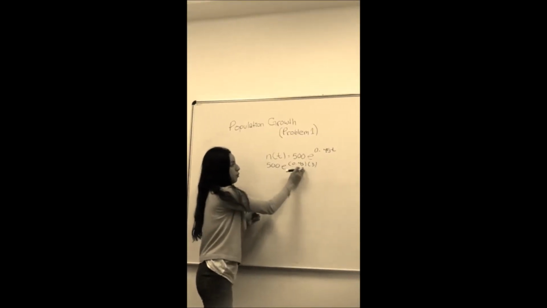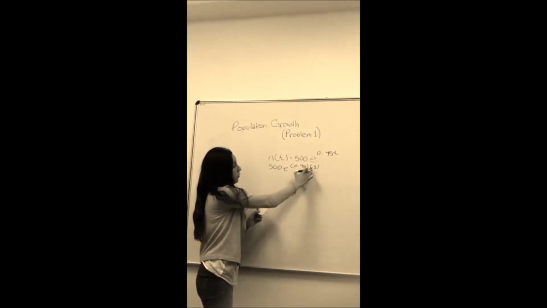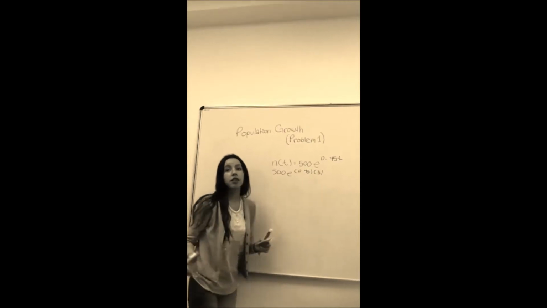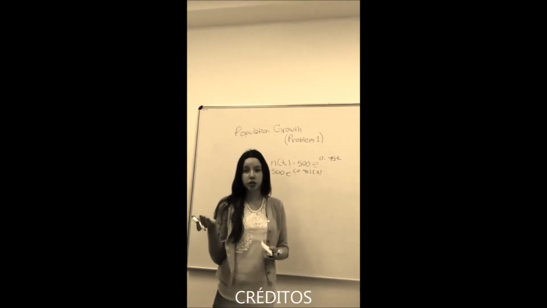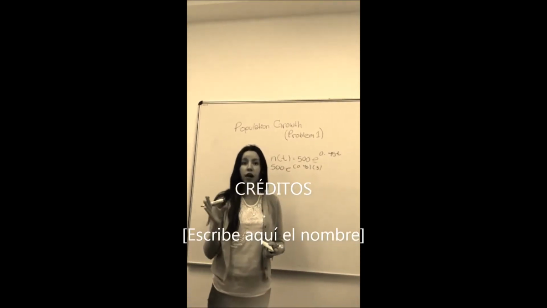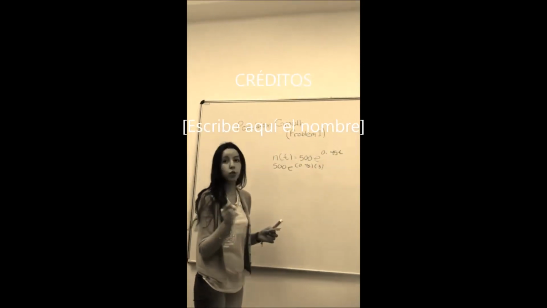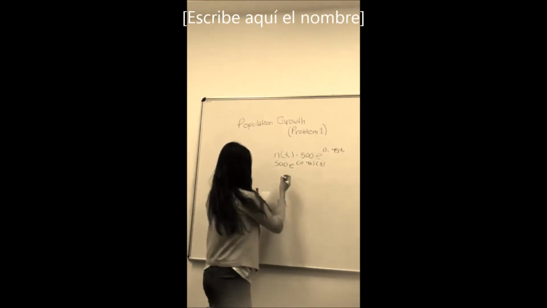Here we multiply 0.45 times 3, and those are the hours that we are searching for. So then we get 500 e raised to 1.35.